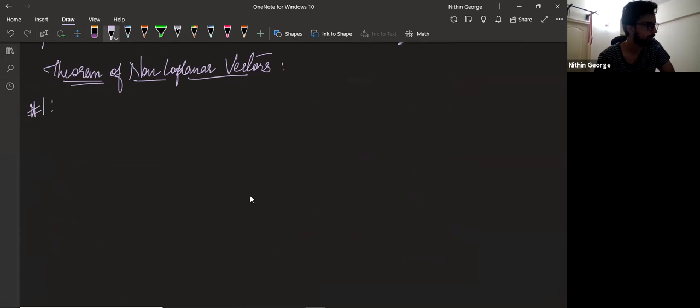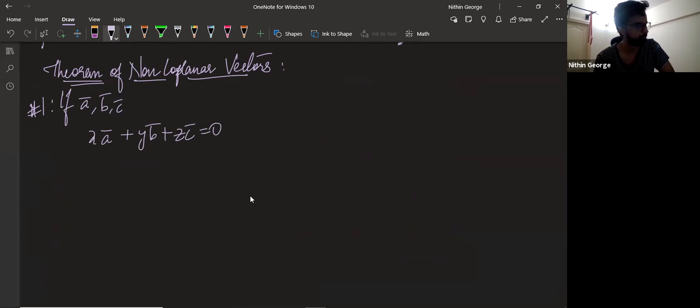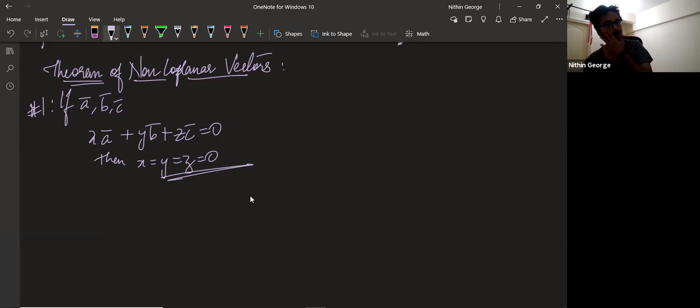First one: if A, B, and C are non-zero, non-coplanar vectors such that xa plus yb plus zc equal to 0, then x equal to y equal to z equal to 0. Don't copy from this. Hear what I'm saying and then copy. If A, B, and C are non-zero, non-coplanar vectors, write that part down, such that xa plus yb plus zc equal to 0, then we get that x equal to y equal to z equal to 0.